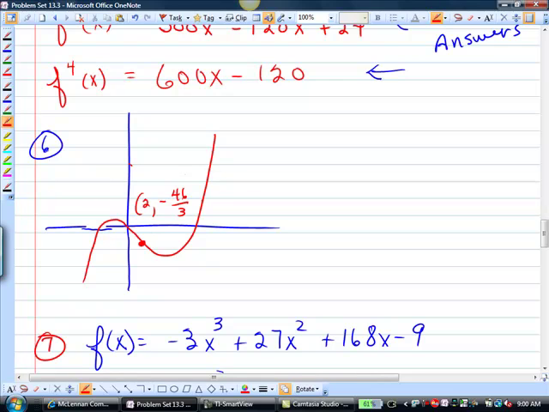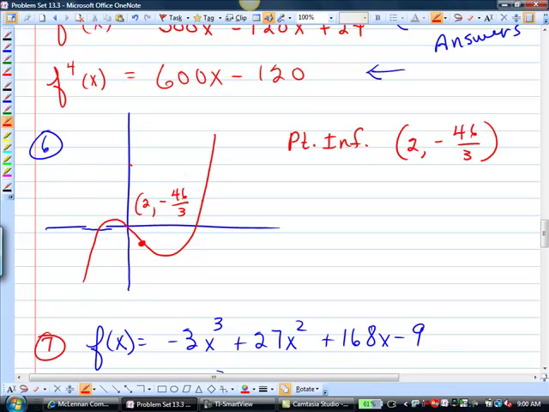Okay, so the point of inflection is x equals 2, and it wants an ordered pair. So you're just going to write that. That's the first answer.